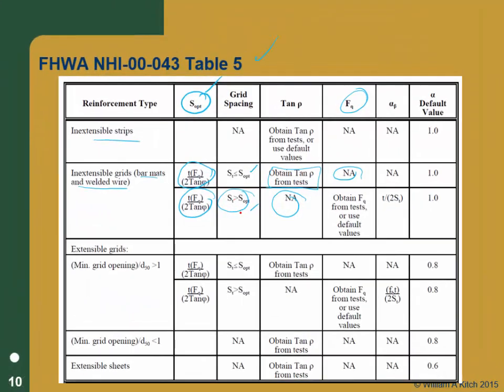Anyway, so if your spacing is greater than optimum, you don't have any frictional resistance, you are going to get your bearing capacity, and you should get that from laboratory tests, or there are some default values.